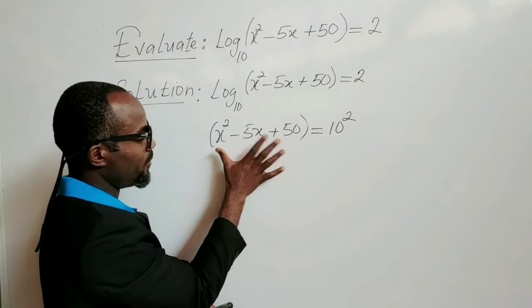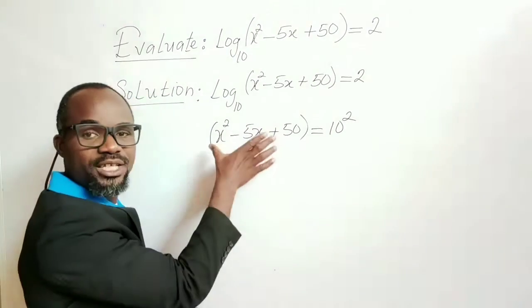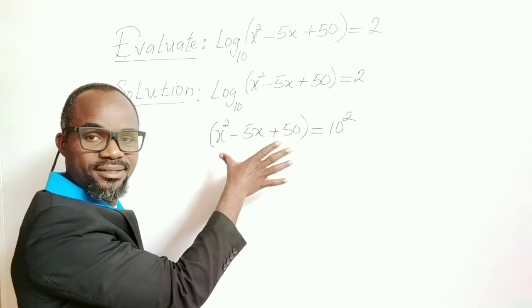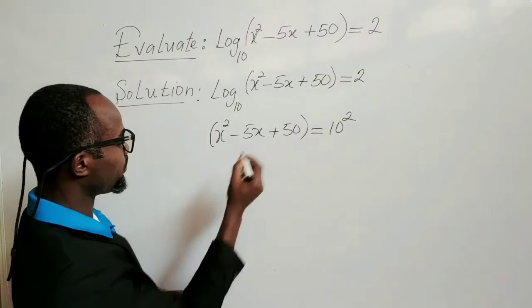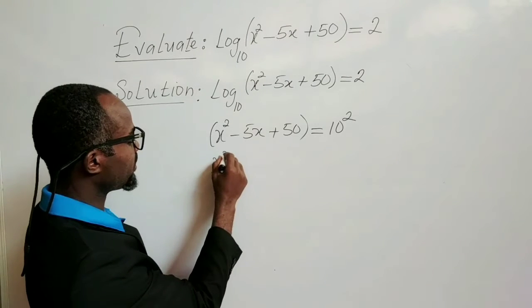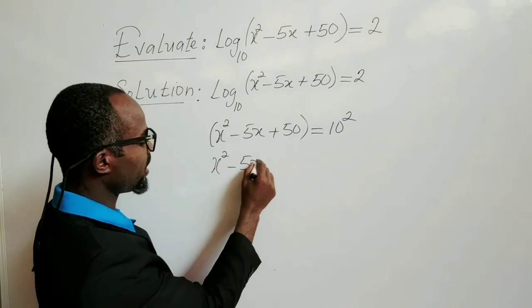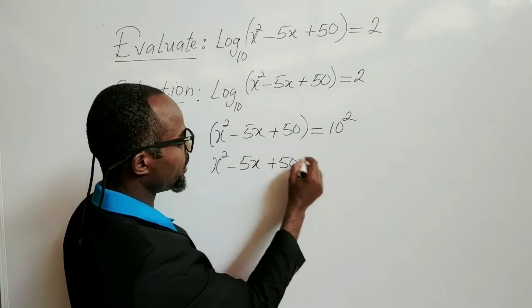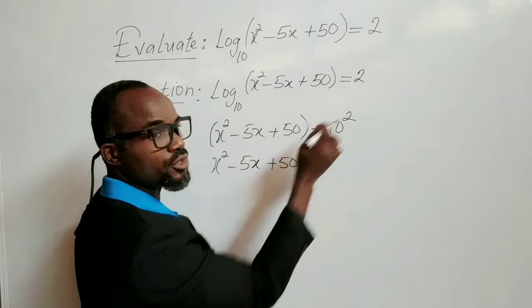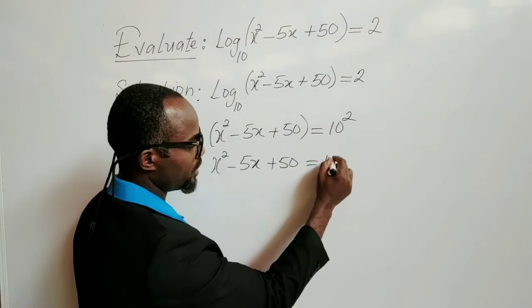And we have the remaining expression in the parentheses, which we are going to open right away. We open x squared minus 5x plus 50. So 10 raised to the power 2 gives 100.